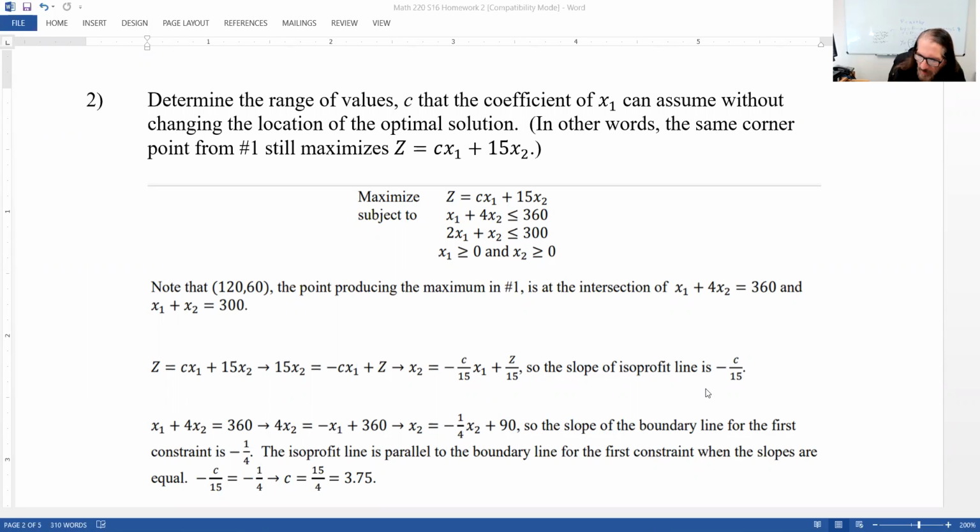If that negative 1/4 equals negative c over 15, by cross multiplication we get that c is 3.75. Let's take a look at what that does. c is 3.75, and it becomes parallel to the segment connecting C and D.